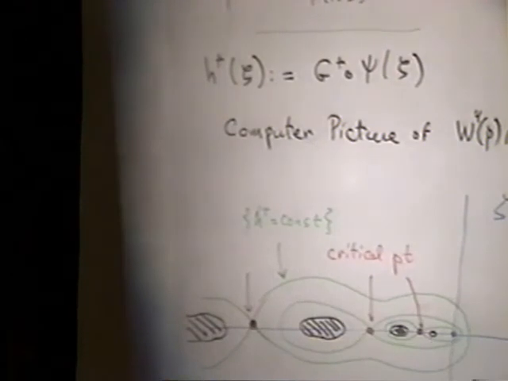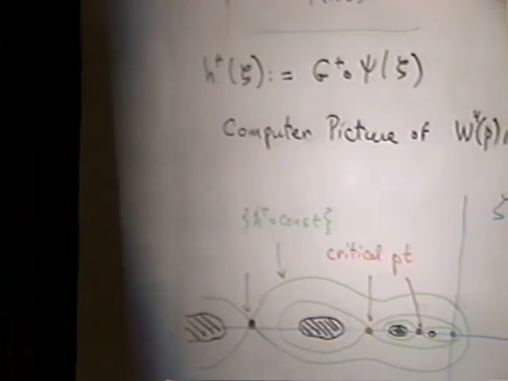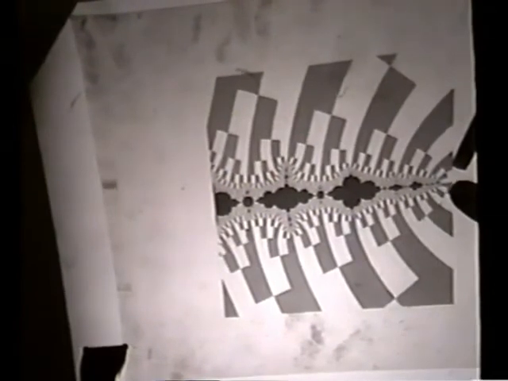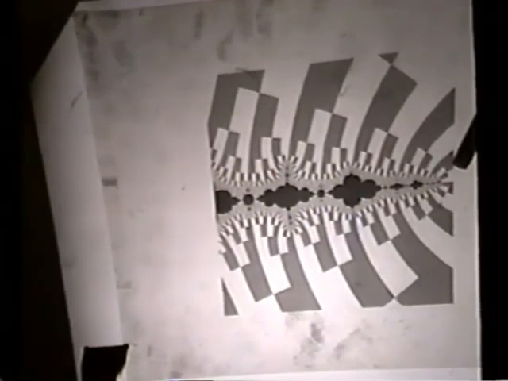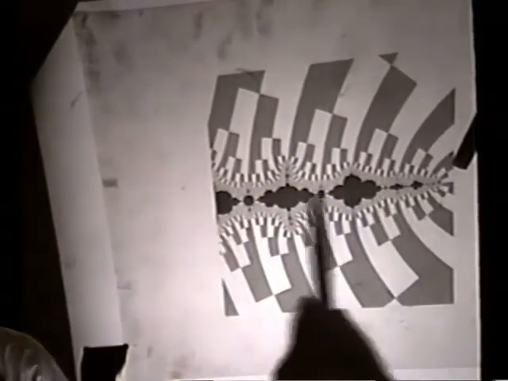I guess maybe this is Hubbard's sentimental favorite, so I'll show this one here. This point right here is the origin, and we've got the level sets of the green function drawn like this, and then this is the slice.